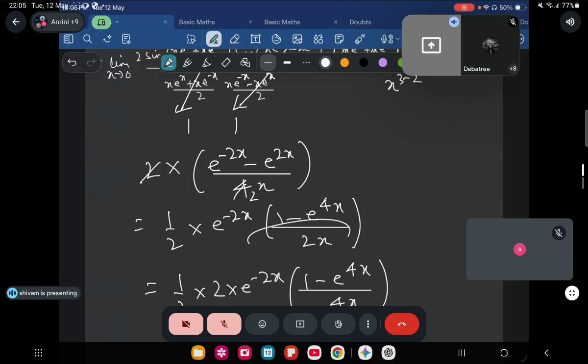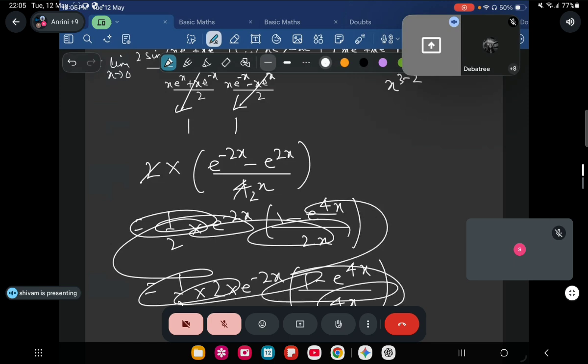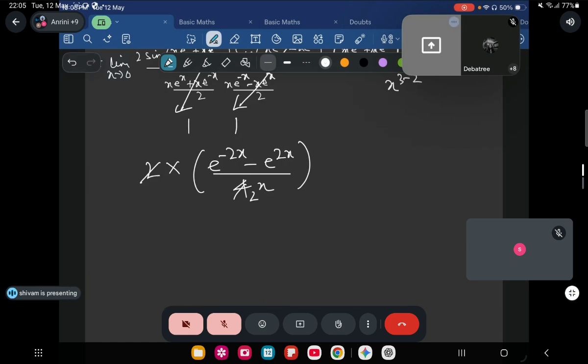Okay, wait. Let me do this step once again. So I've got 2 times 2. Now we need to multiply and divide by 2. So 2 e to the power minus 2x multiplied by (1 minus e to the power 4x) upon 4x.